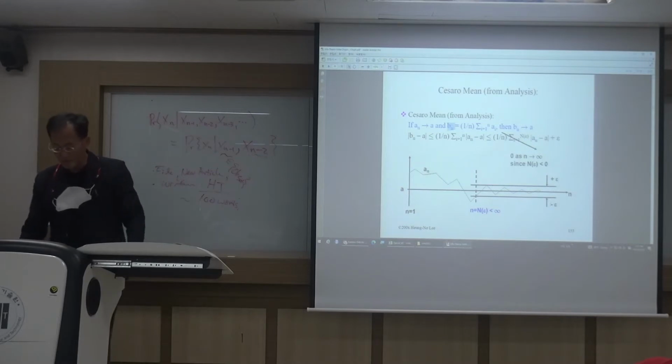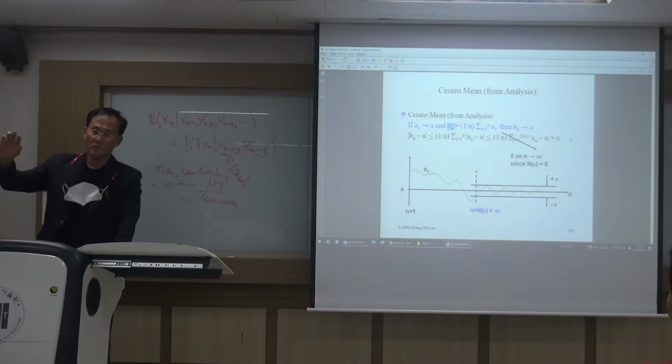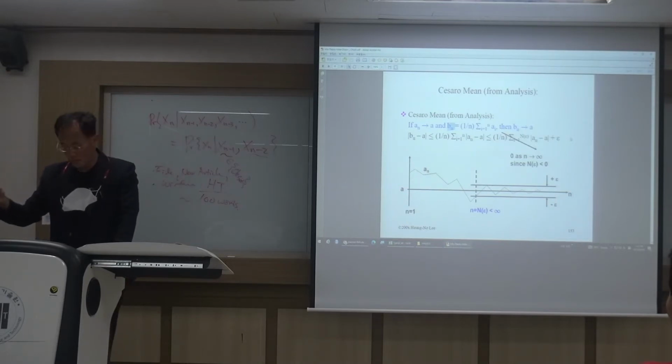Then we can break this into two summations: one with i running from 1 to n epsilon, and one from n epsilon to infinity. Each term is smaller than epsilon in the infinite summation part, so we can pull epsilon outside.